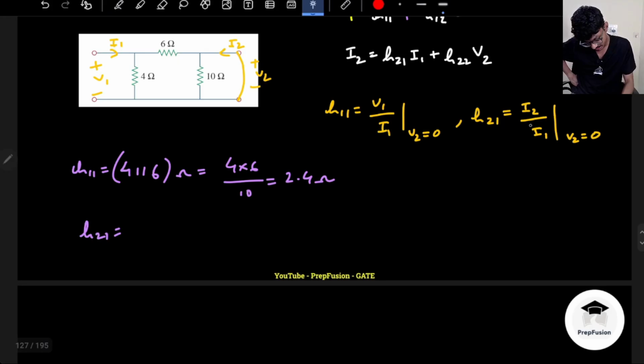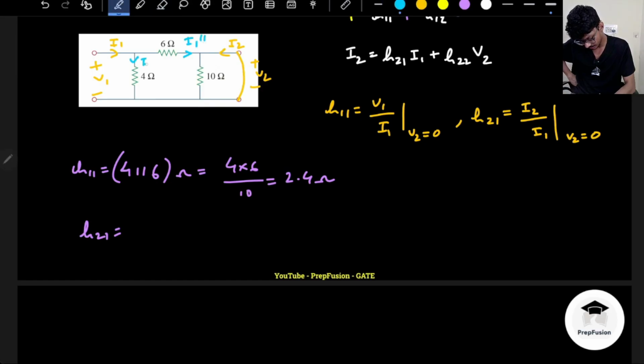H21 is basically the current ratio, I2 upon I1. I have a current here that is getting divided in this 4 ohm and this 6 ohm, because this 10 ohm is irrelevant as the voltage drop across it is 0. So I can do current division. Let me name this I1 double dash.